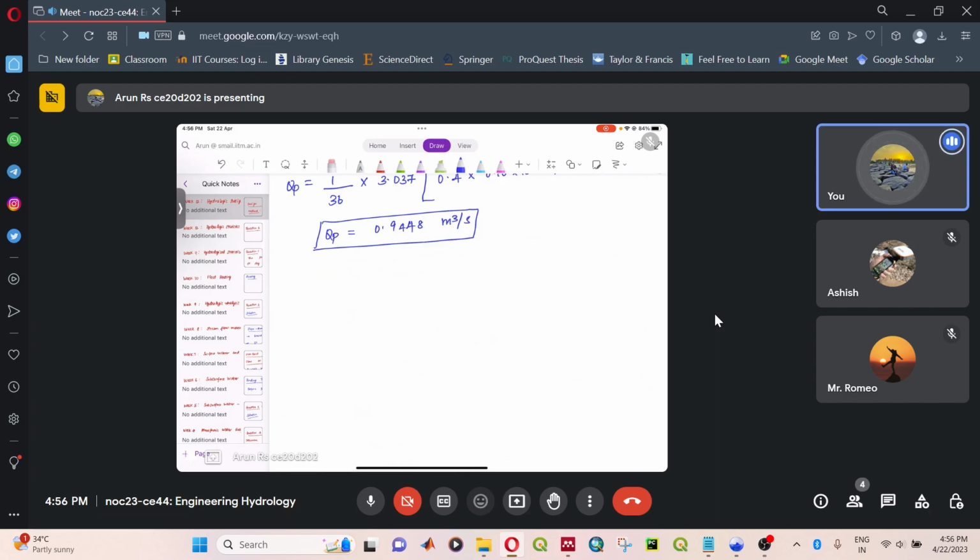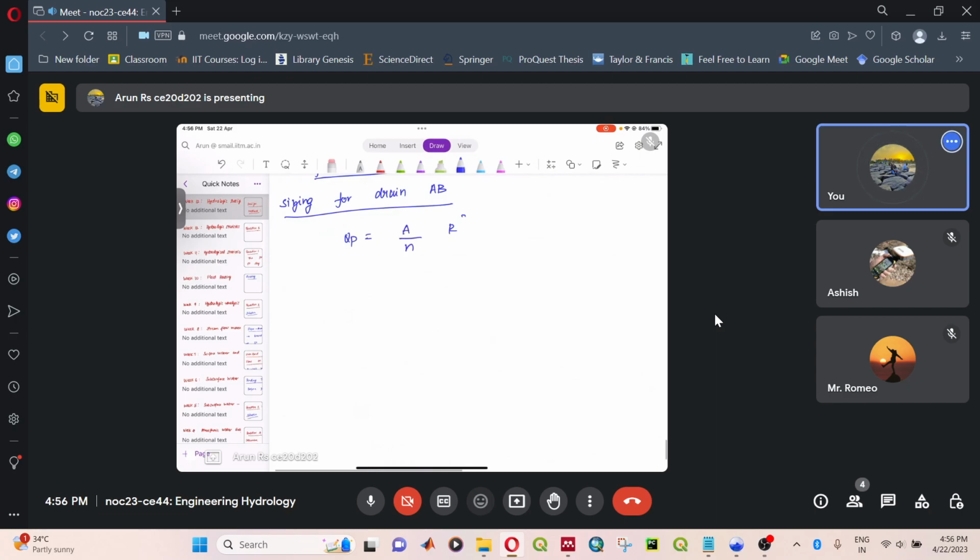So once we get the peak flow, we can use the Manning's formula to determine the size for the drain. So Qp is equal to A by n, R to the power of 2 by 3 and S to the power of 1 by 2. So here we need to design a circular section, and condition is given as full capacity.